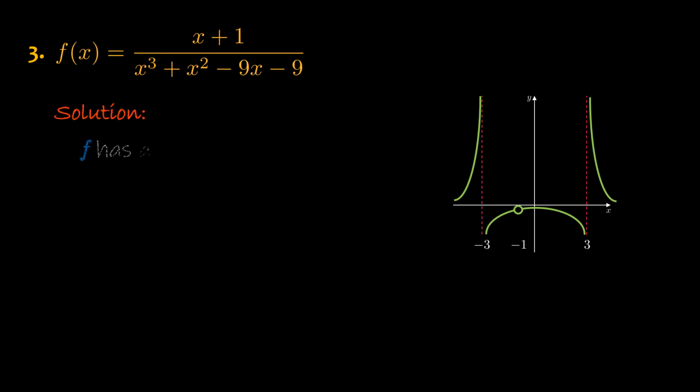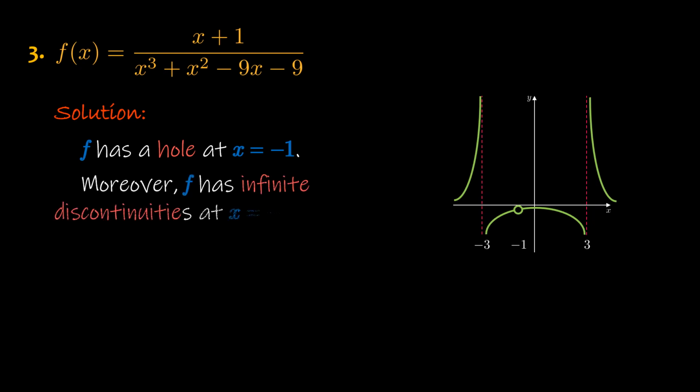The graph shows that f has a hole, a removable discontinuity, at x equals negative 1. Moreover, f has infinite discontinuities, non-removable discontinuities, at x equals negative 3 and x equals 3. F is discontinuous at x equals negative 3, x equals negative 1, and x equals 3.